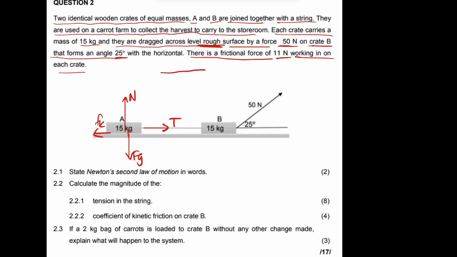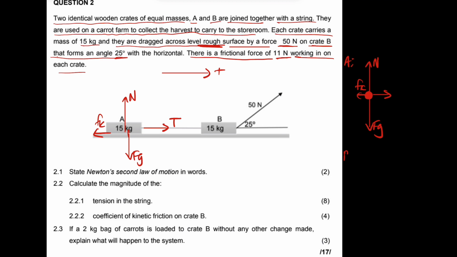So this is accelerating in that direction. We'll choose that direction as positive. So the free body diagram of A is going to be the normal force, gravitational force, the tension force, and the frictional force there.